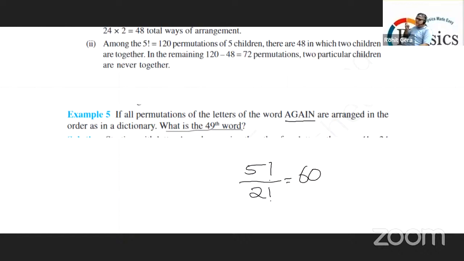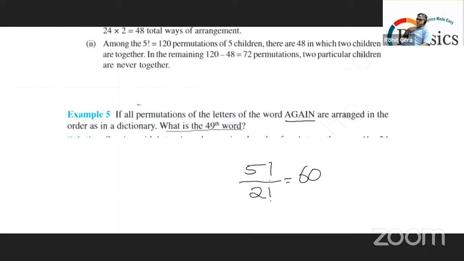A, B, C, D, E, F, G, so it starts from A. The second series will start from G. G-A-A-I-N. How many words will start with A and double A? I think what you have written is all the words which are possible. The ones which are possible with A as the first, and the balance.